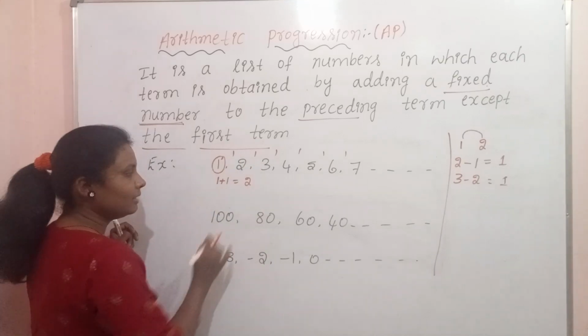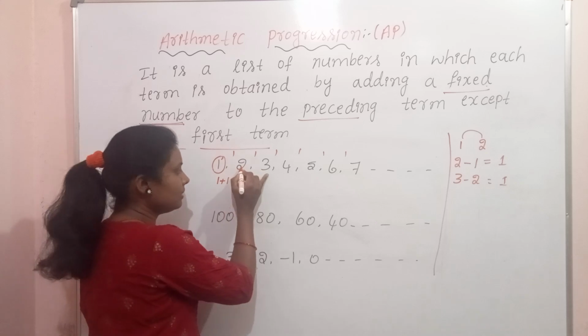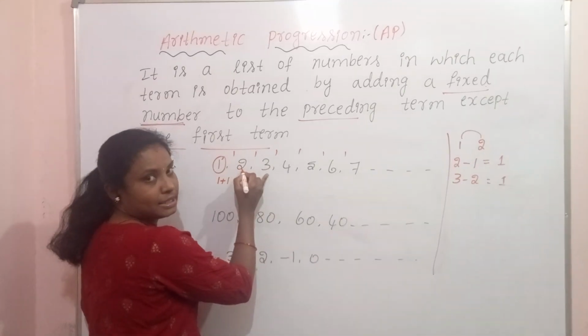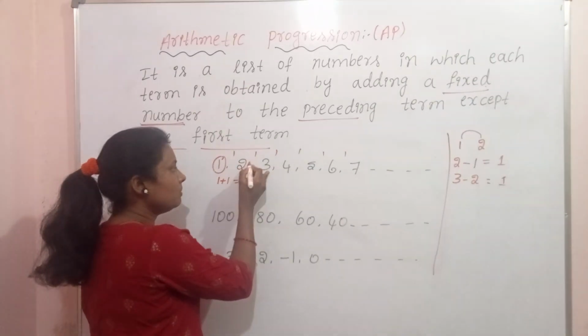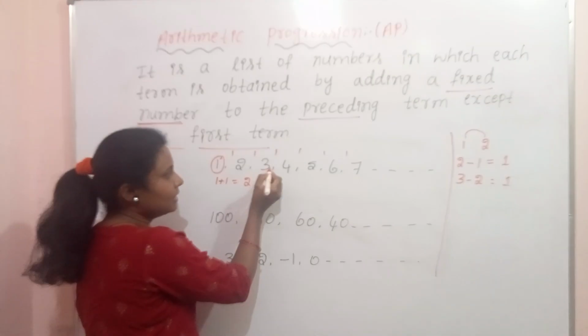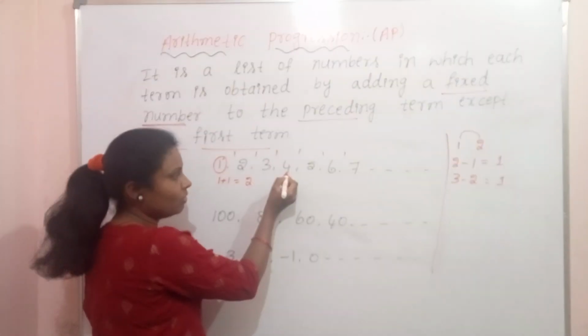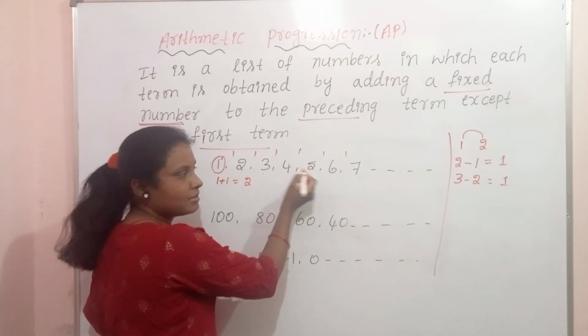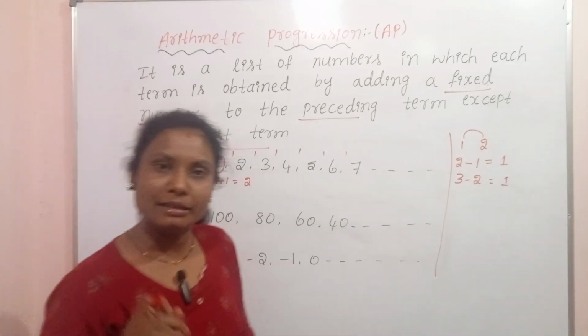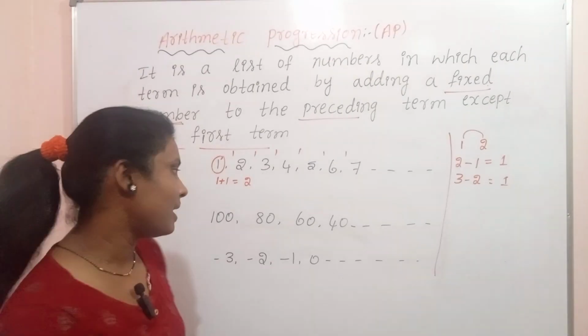Next number: this is a preceding number, 2 plus 1, you will get 3. 3 plus 1, you will get 4. 4 plus 1, you will get 5. Like that, the arithmetic progression is obtained.